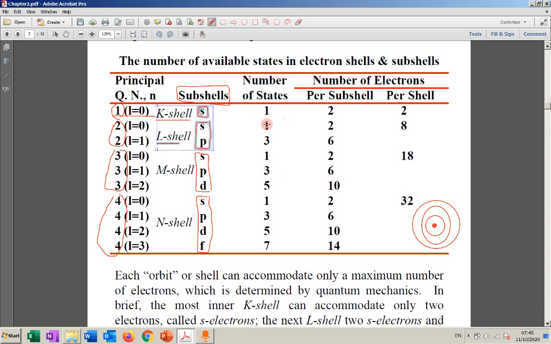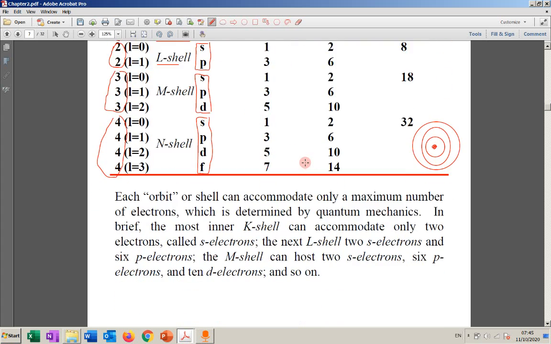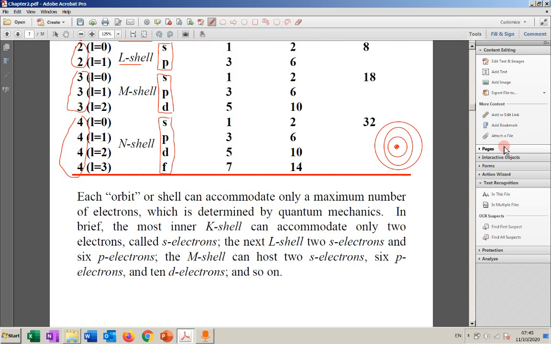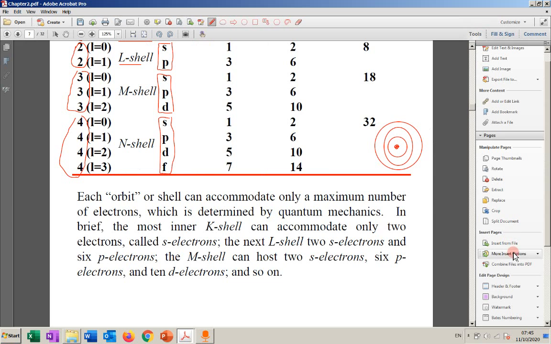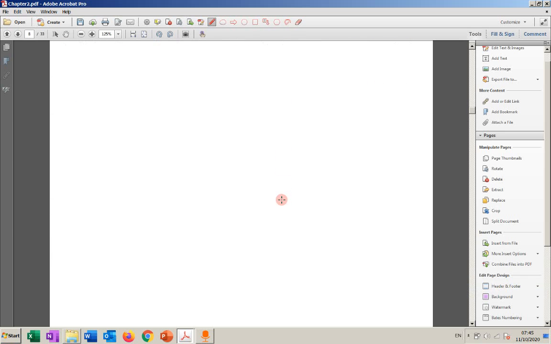Now, what does number of states mean here? Let me go to an empty space to explain this. For level 1, we have s, and s has one box. For level 2, we have s and p. s has one box, and p has three boxes.